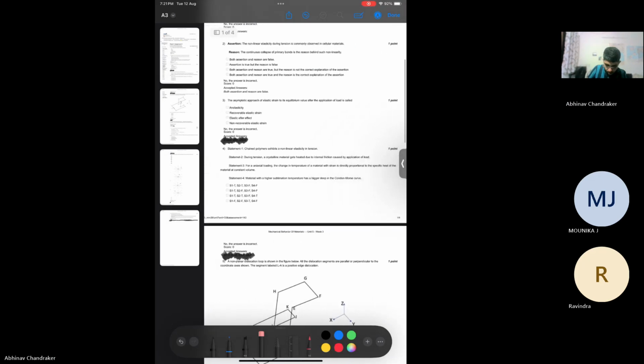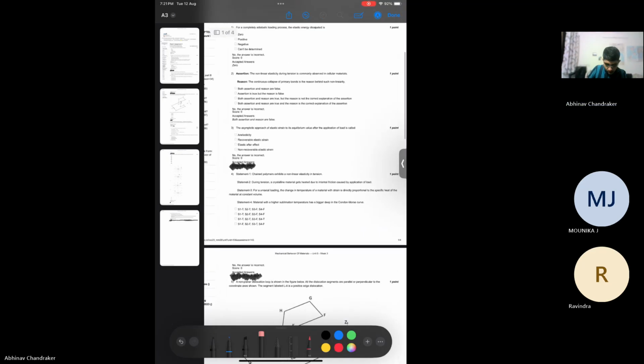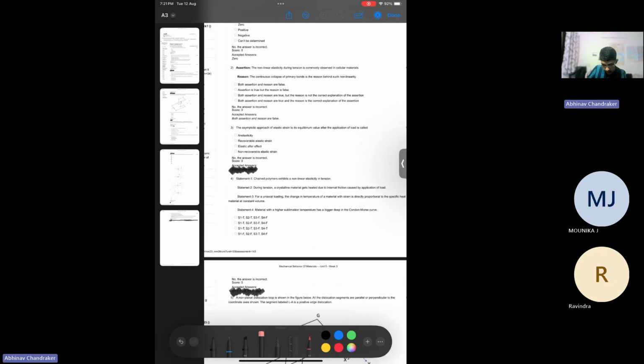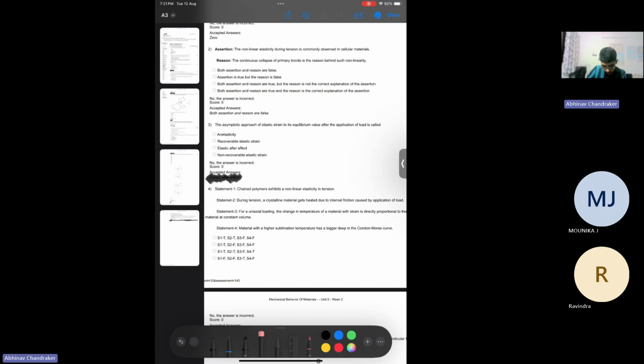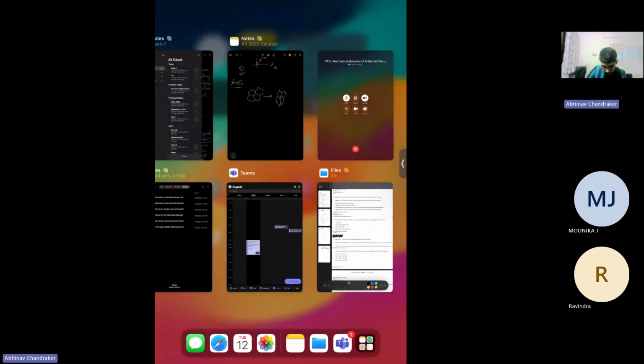Yes. Next question is, the asymptotic approach of elastic strain to its equilibrium value after the application of load is called. So what do we mean by asymptotic approach?